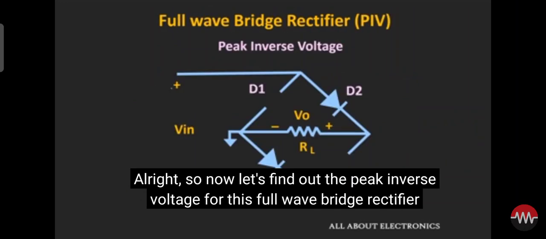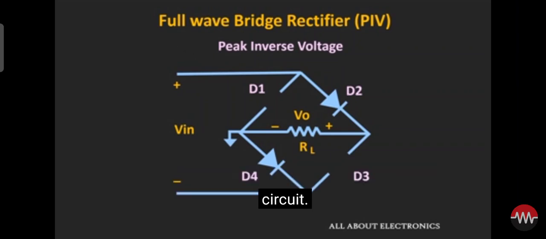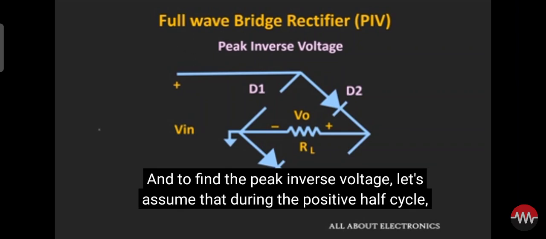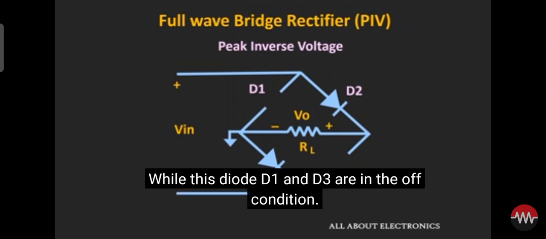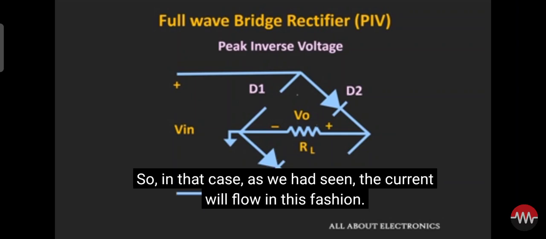Alright, so now let us find out the peak inverse voltage for this full wave bridge rectifier circuit. To find it, let us assume that during the positive half cycle, diodes D2 and D4 are conducting, while diodes D1 and D3 are in the off condition. So in that case, like we had seen, the current will flow in this fashion.